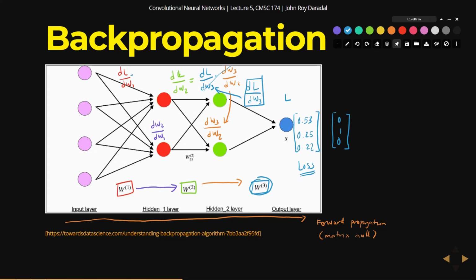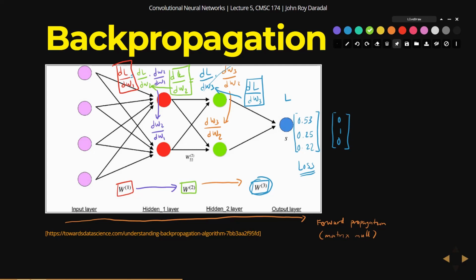And then for this one, this would become dL/dW2 times dW2/dW1, which is the local gradient here, and the first term was fed backwards from the previous layer. Okay, so we now have computed the three gradients: loss with respect to weight 1, loss with respect to weight 2, and loss with respect to weight 3.